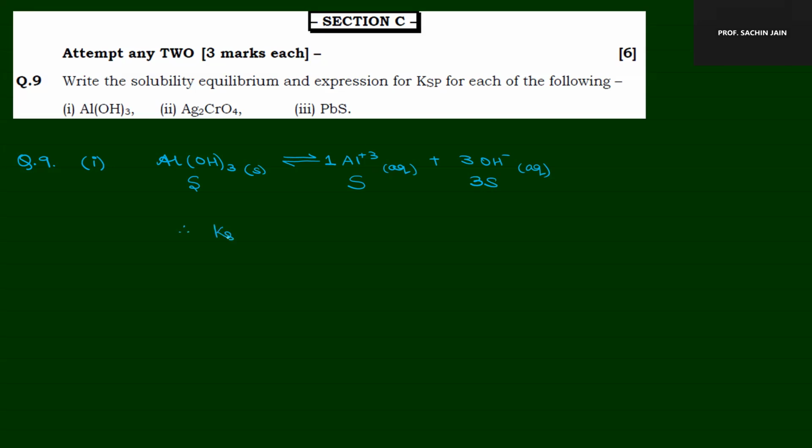Therefore, the KSP expression we write as Al3 plus concentration into OH minus concentration raised to the power equal to the stoichiometric coefficient. Substituting the values, you have S into (3S) whole cube. Open the bracket, you get 27S cube, and the answer is 27S raised to 4. This is your KSP expression. So half mark for writing the solubility equilibrium, half mark for writing the KSP.